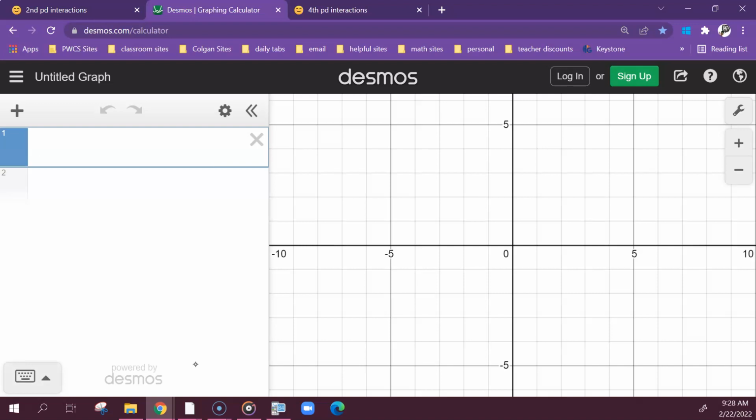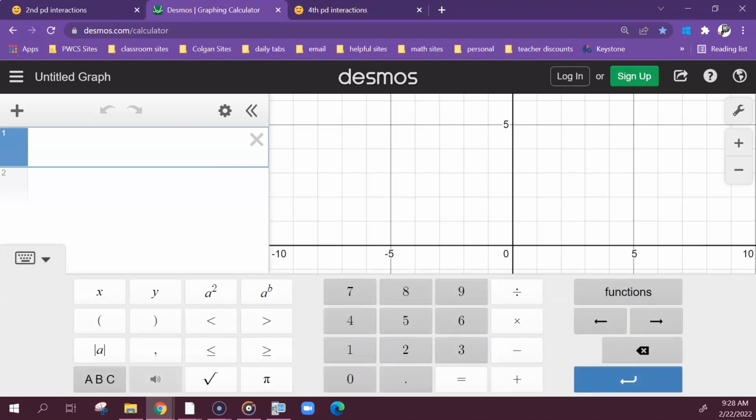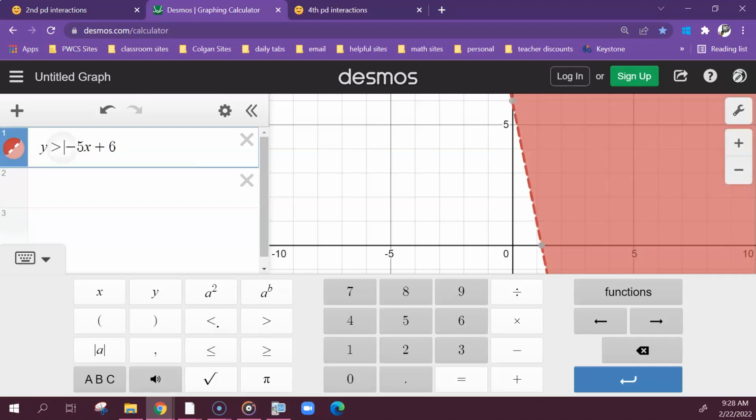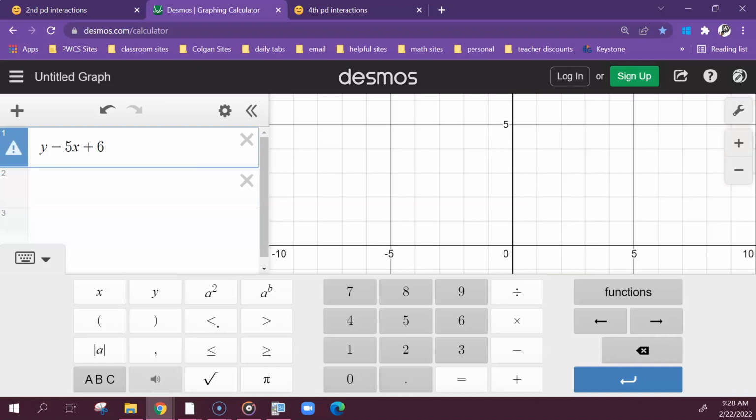What is it? So in Desmos, you would put it in just like normal. It doesn't have to be in slope-intercept form. Y is less than negative 5x plus 6.